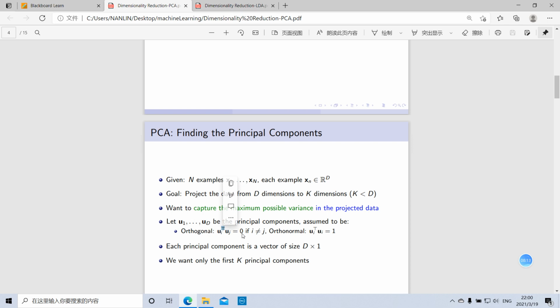Each principal component is a vector of D times 1, and we want to keep only the first principal component with the highest variability.